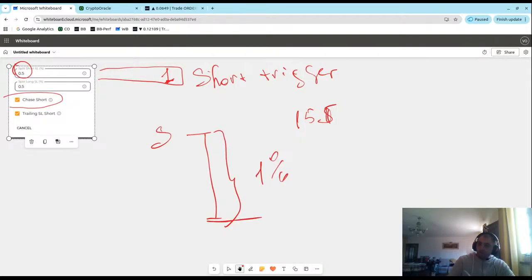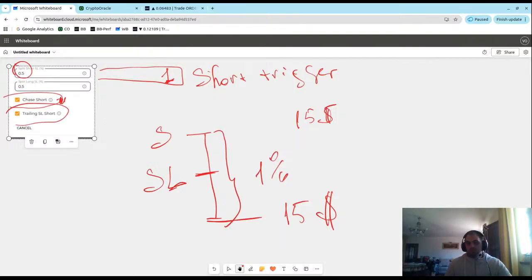If chase short is happening, then we open another $15 here, and we put a stop loss here. So that's that. Trailing stop loss means it's tracking. It's going to trail the price, so if the price goes down, this stop loss goes with it.